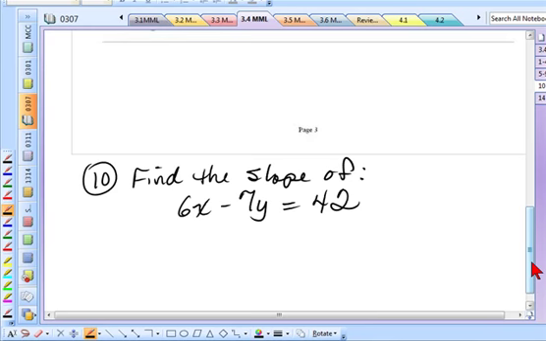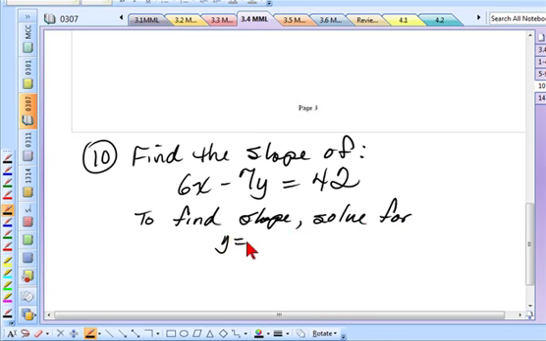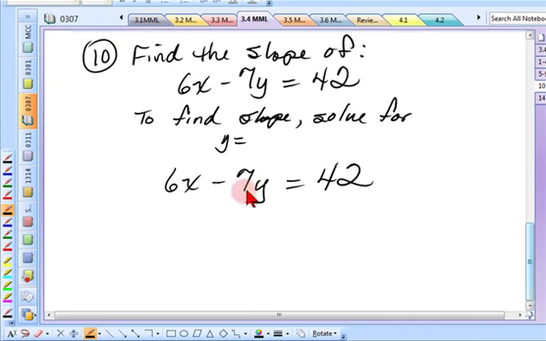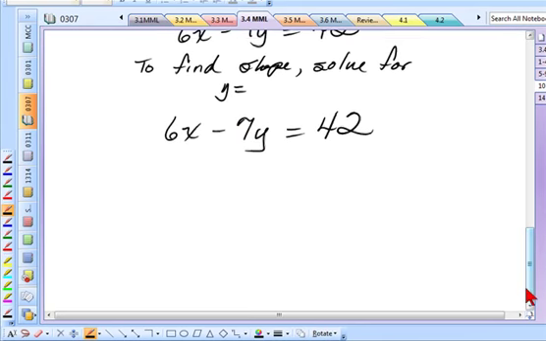Y. If it says y equals. Okay, to find slope, solve for y equals. So that's what I need to do. I have 6x minus 7y is equal to 42. All right, I want y by itself. So what's the first thing I'm going to need to do?